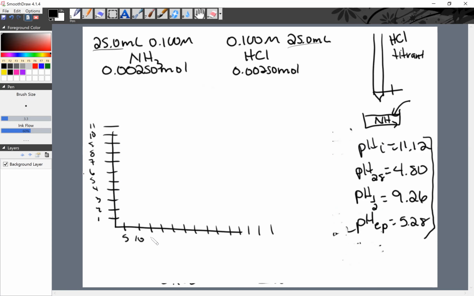So 5, 10, 15, 20, 25, and 30. All right, my initial pH was 11.12, my pH at 28 was 4.80, my pH at the halfway point was 9.26, and my pH at the end point was 5.28.